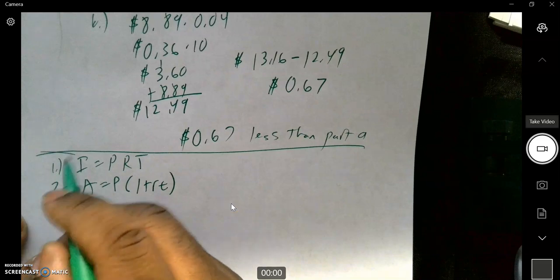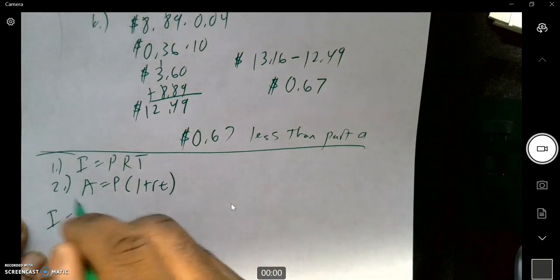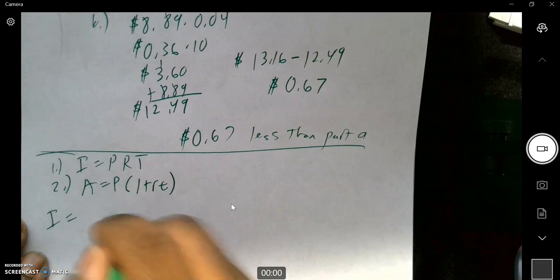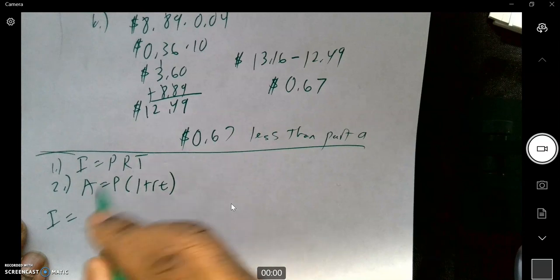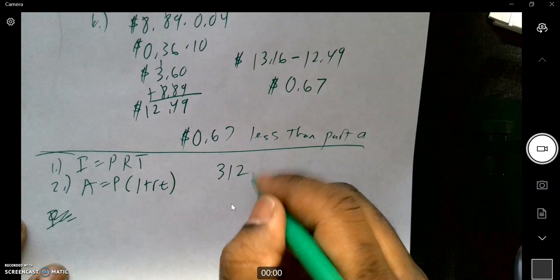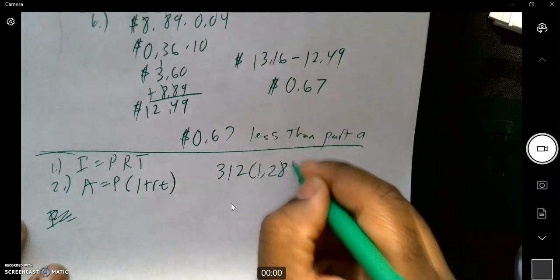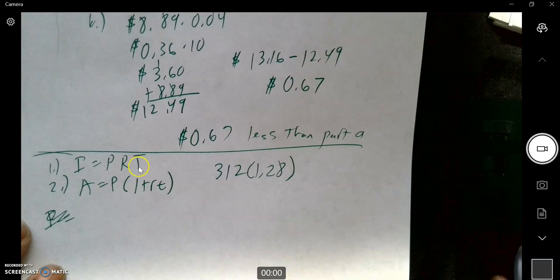So we'll be doing the simple interest. So the principal, well, we have to calculate that. So what we will have first, it'll be 312 times the 1.28. All right, so the total cost of the carpet without tax is 312 times 1.28.